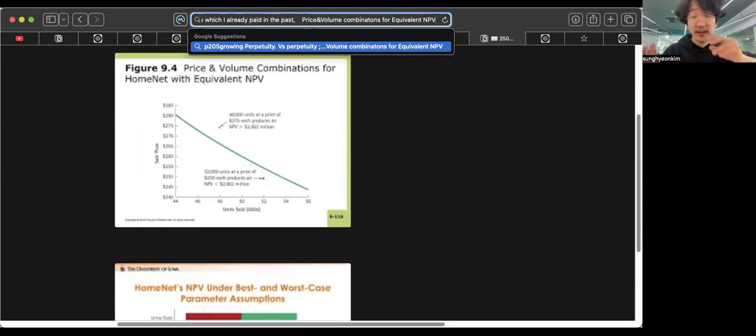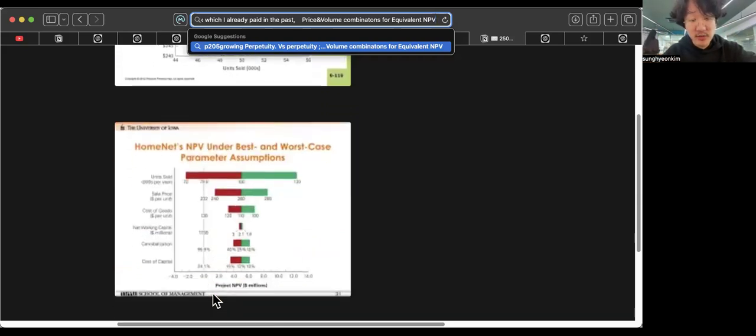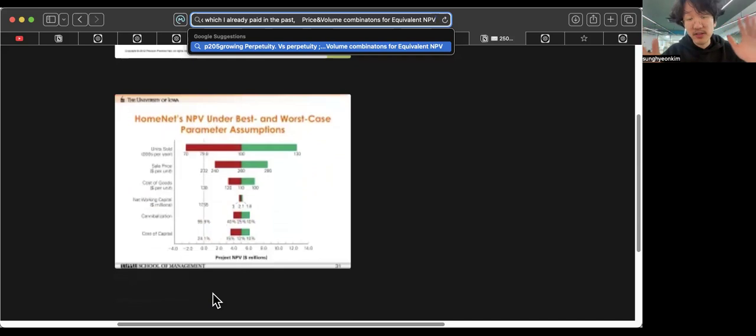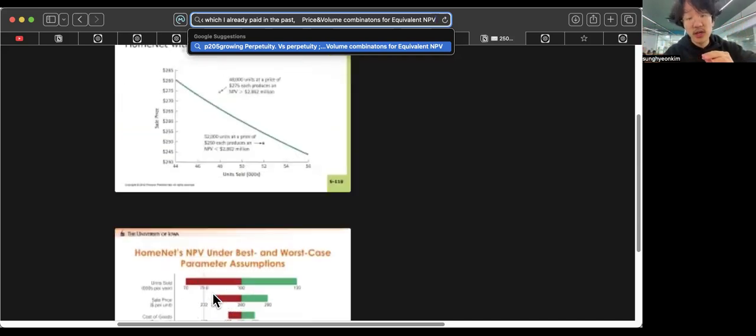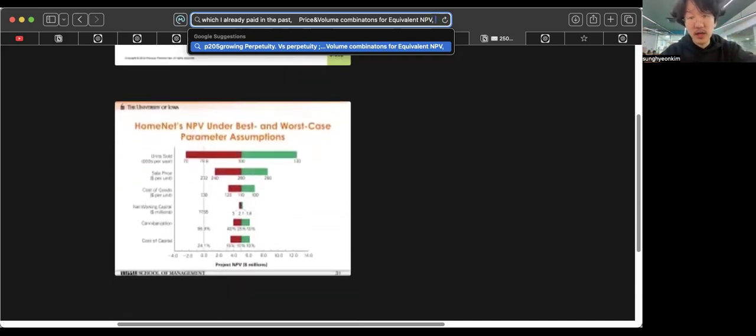If there are a lot of parameter changes, then it will be a huge, messy 3, 4 or 5 dimension, multi-dimension. The second graph is best and worst case parameter assumption. This only shows a simplified version of multi-parameter cases, only the NPV of the worst case and best case parameter assumptions.